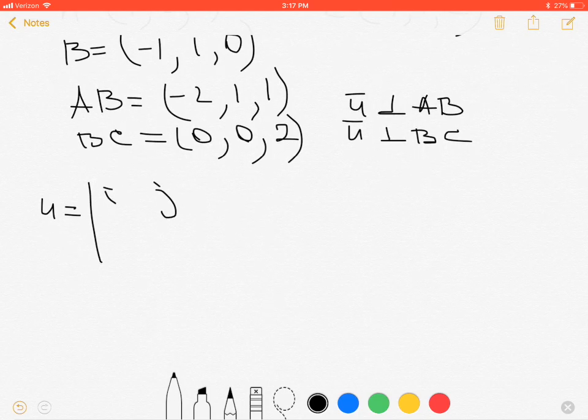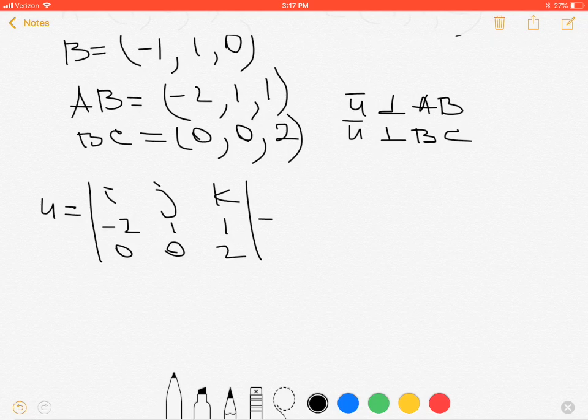I, J, K, and this is your choice what you write first and what second. -2, 1, 1. Here it will be 0, 0, 2.